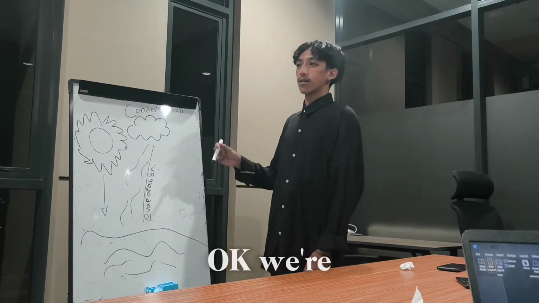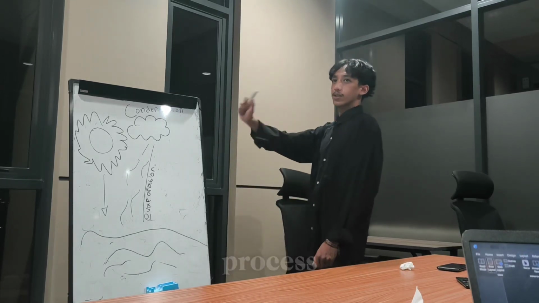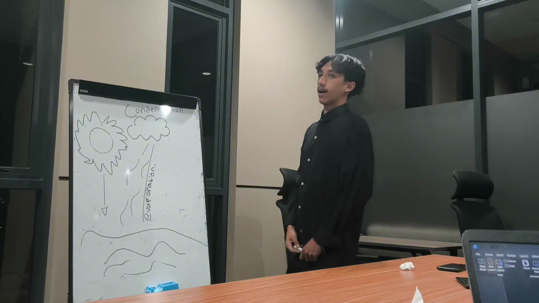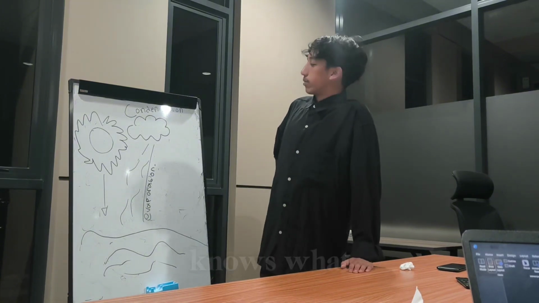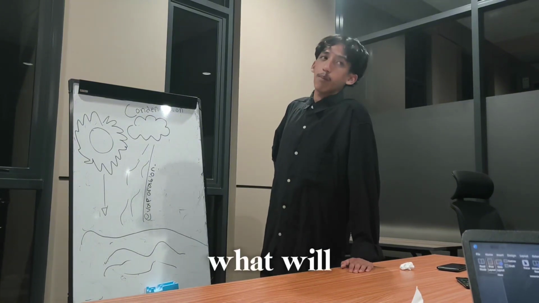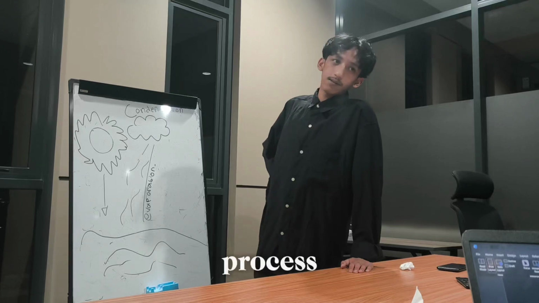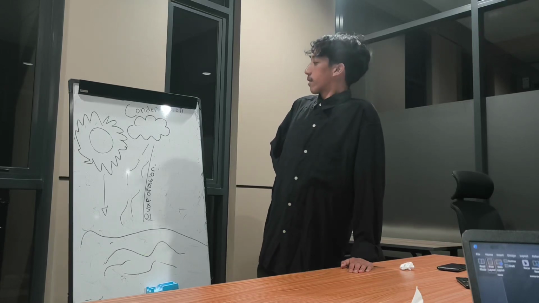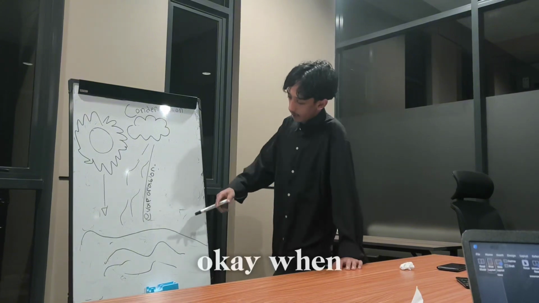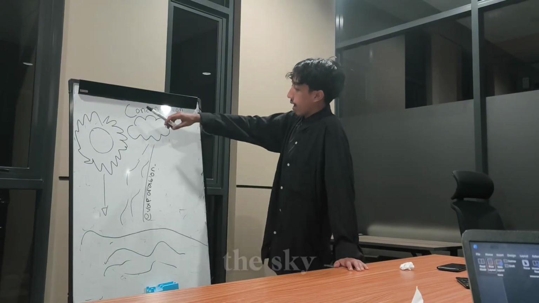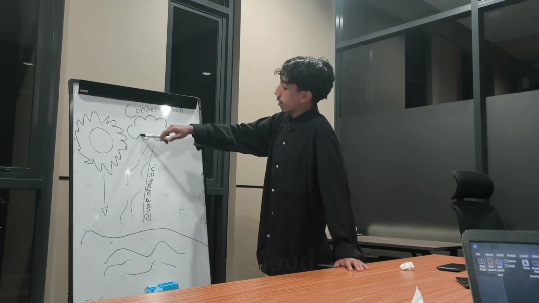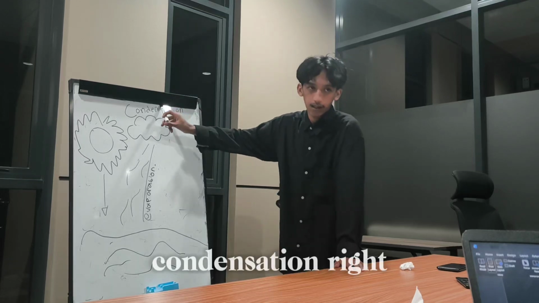Okay, we're jumping to the next process. Does anyone know what will happen in the next process? I don't know, sir. When the water vapor goes into the sky and becomes a cloud, it's called condensation, right? Yes.